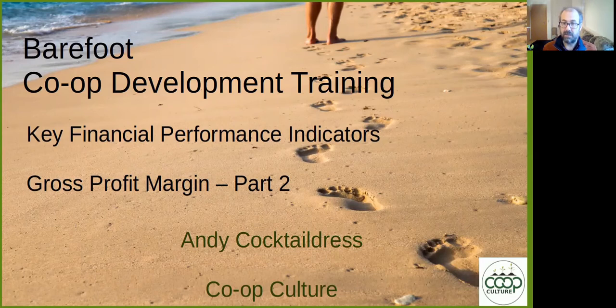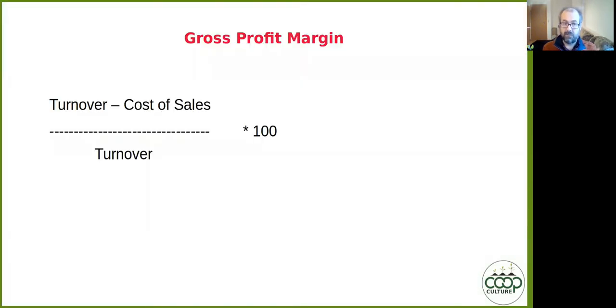So, to remind ourselves, the gross profit margin is calculated by subtracting the cost of sales from the turnover, which gives us our gross profit, and dividing that by our turnover. So what it looks at is the relationship between our gross profit and our turnover. It can't tell us about lots of things. It can't tell us about our overheads.